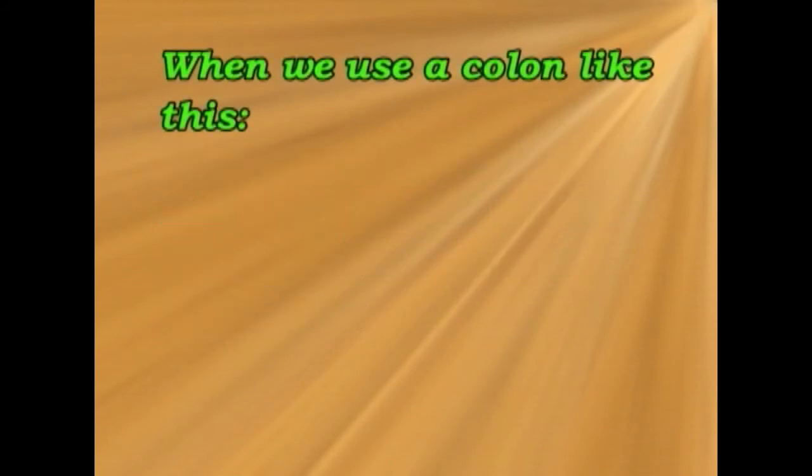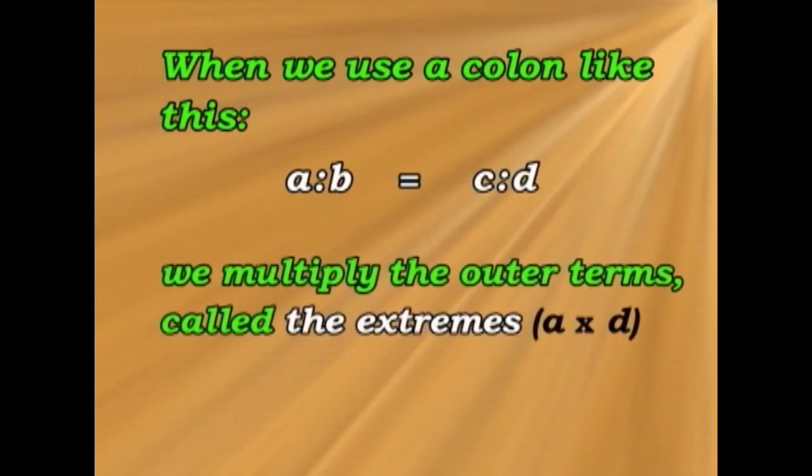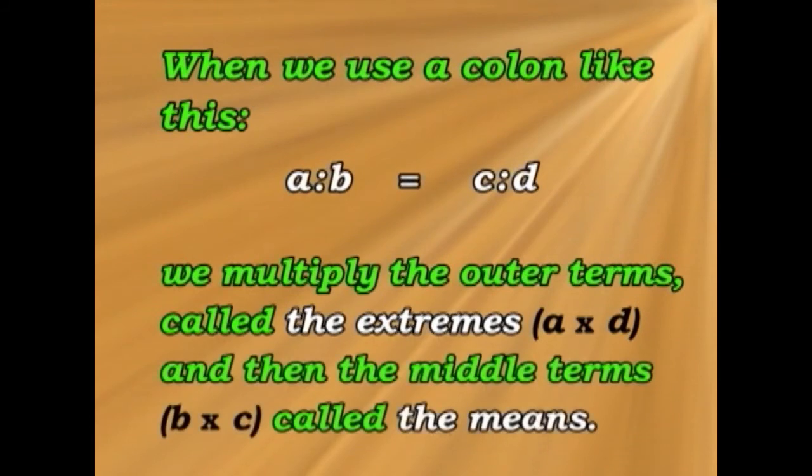When we use a colon like this, A colon B equals C colon D, we multiply the outer terms, called the extremes, that's A and D, and then the middle terms, B and C, called the means.